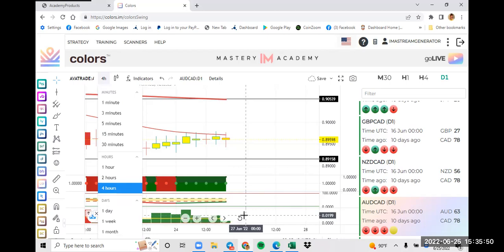So think of it like this. The trend of the trade is my friend, right? If I know I need to go south, I don't want to trade against the trend.